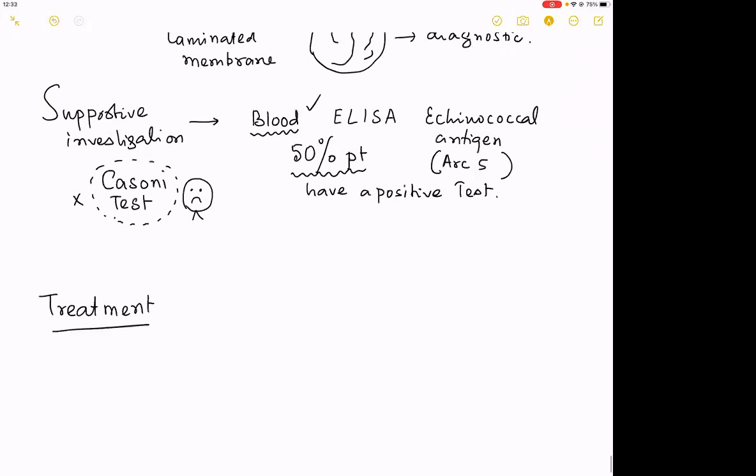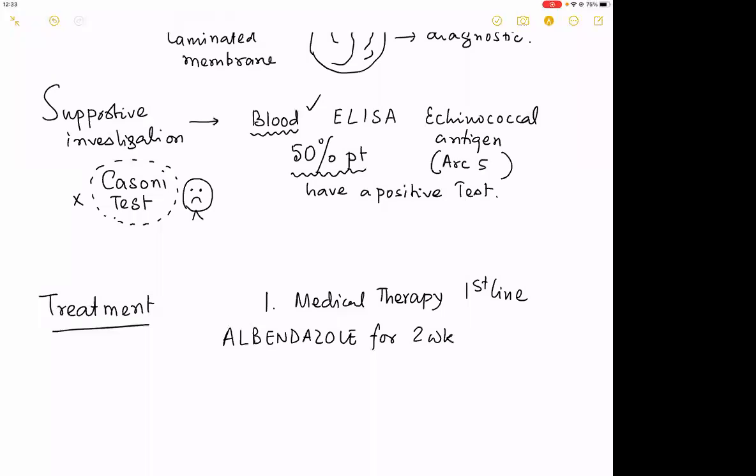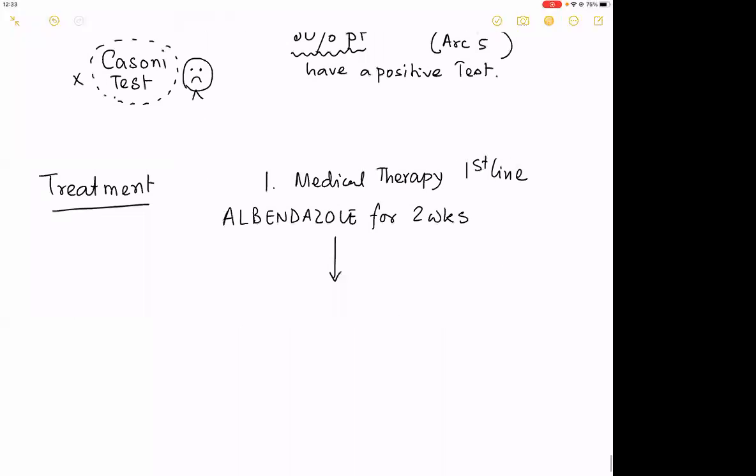Hello. Yes, sir. What is the treatment of hydatid? Albendazole. Medical therapy as first line, which constitutes, very well said, albendazole for 2 weeks, followed by 3 options.